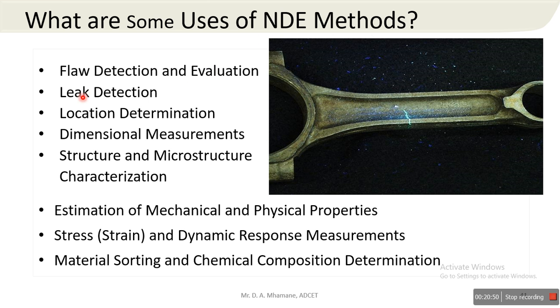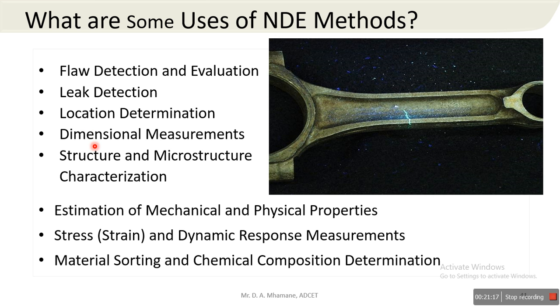Then leak detection: in the petroleum industry or gas industry, a pressure vessel can be inspected with the help of NDT for leakage detection. Location determination: suppose there is a flaw present in the component, then at which location that flaw is, that location can be determined with the help of NDT.